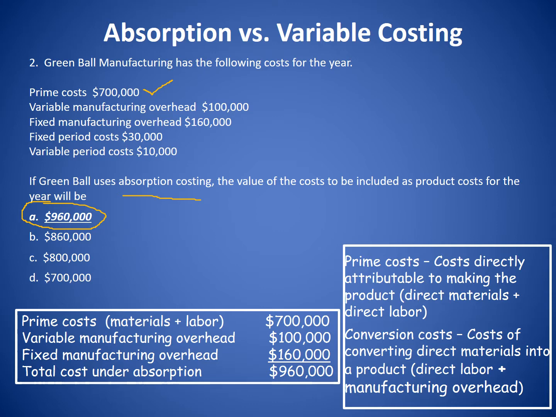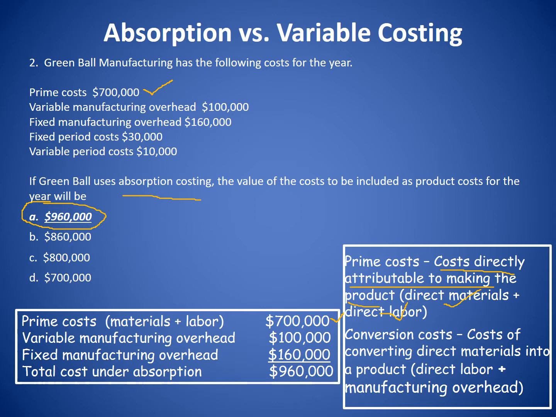Prime cost means costs that are directly attributable to making the product, and that includes direct materials and direct labor. So our prime cost, materials and labor, equals $700,000.